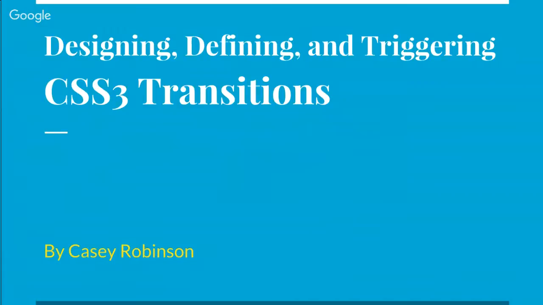But these transitions and a lot of the animations we'll look at next week too are baked right into the CSS. So it's kind of neat. And I guess it works pretty well too, having it baked in natively and not having to use JavaScript.